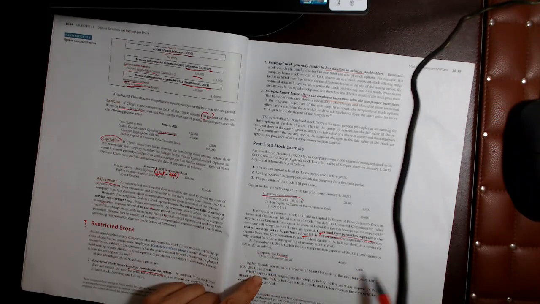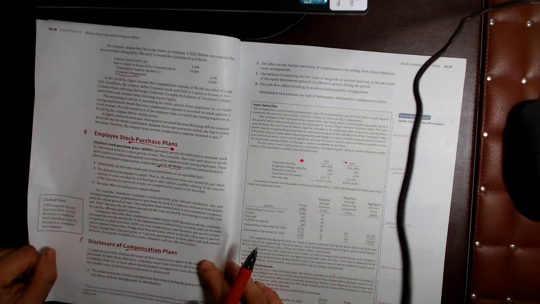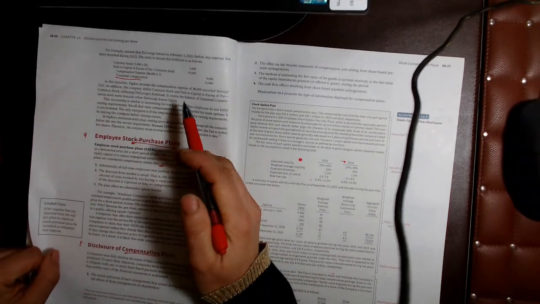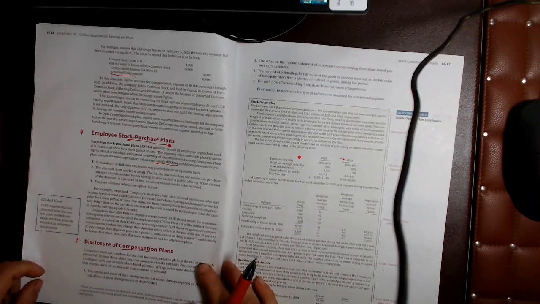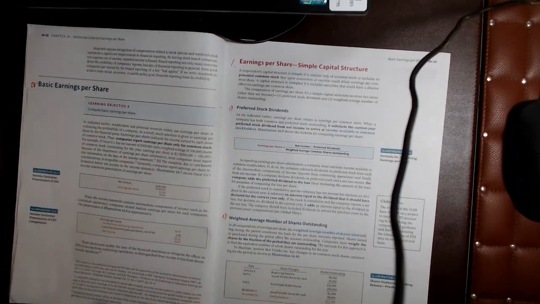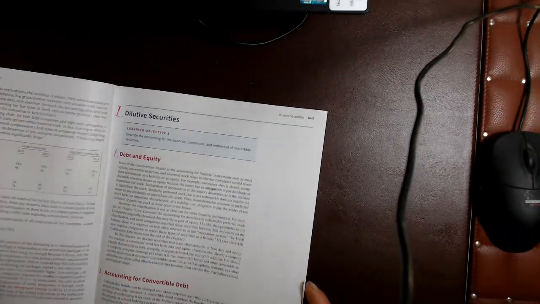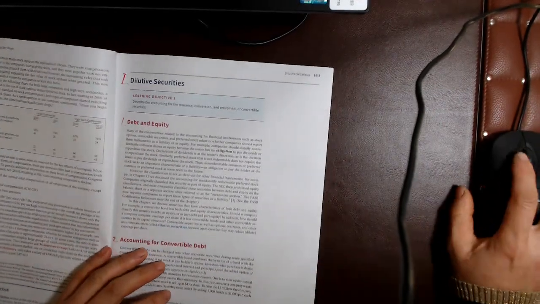We have this one already recorded, and then another one. So that's for this case. Then employee stock purchase plans and disclosure, you read by yourself. Okay, that's the first part of dilutive securities.